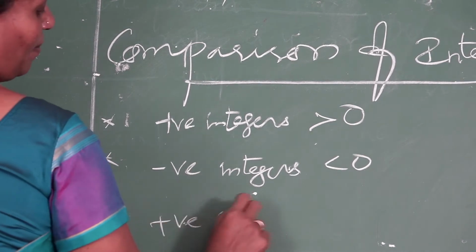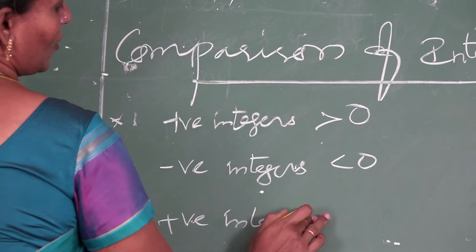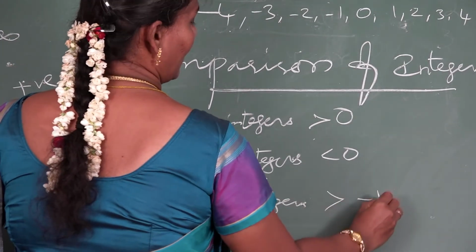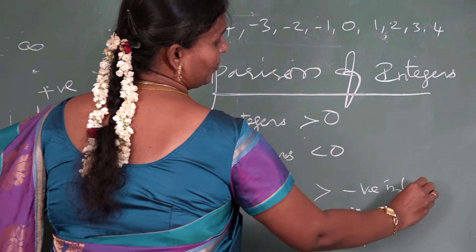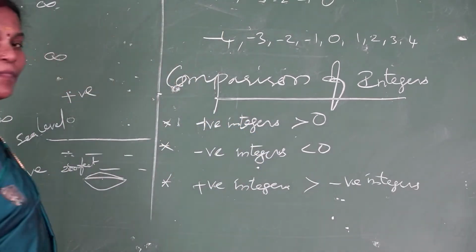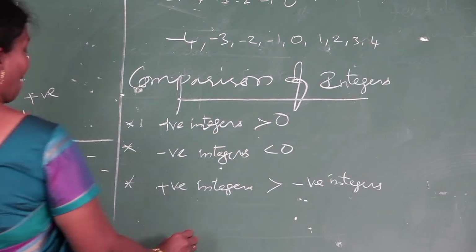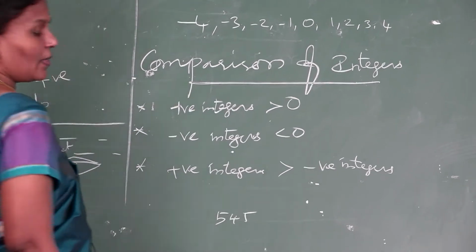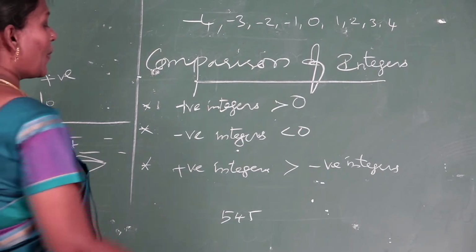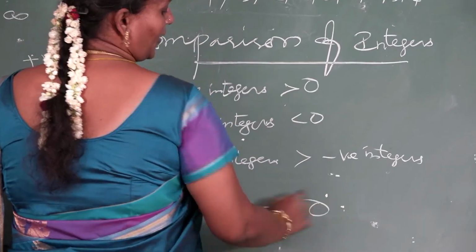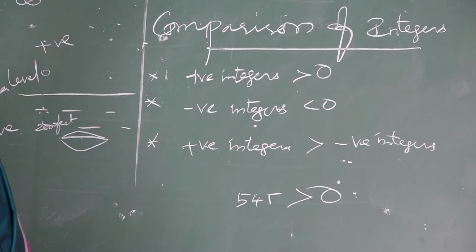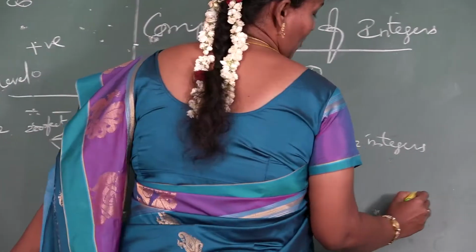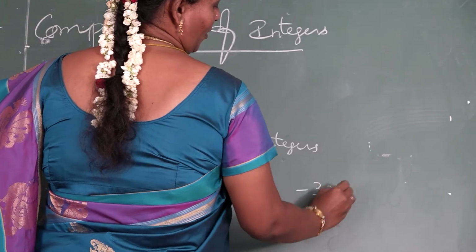Okay. Now comparing the positive and the negative integers. A positive integer is greater than a negative integer. For example, 545. This is a positive integer. So this is definitely greater than 0. You know already. Now we take a negative integer, any negative integer, minus 325.